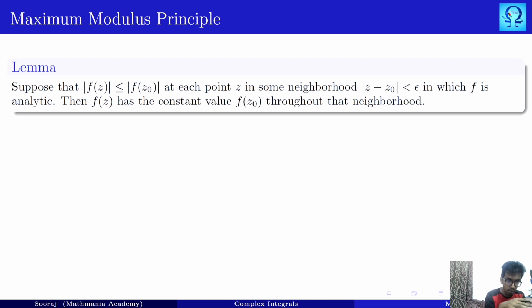The extra condition imposed here is that absolute of f of z is smaller than or equal to absolute of f of z naught. Then the claim of the lemma is that f of z has a constant value, equal to f of z naught, throughout that neighborhood. This is the lemma. Let us prove it.